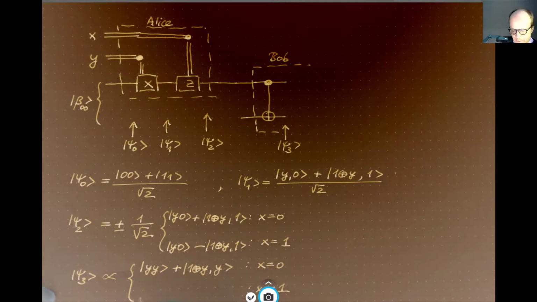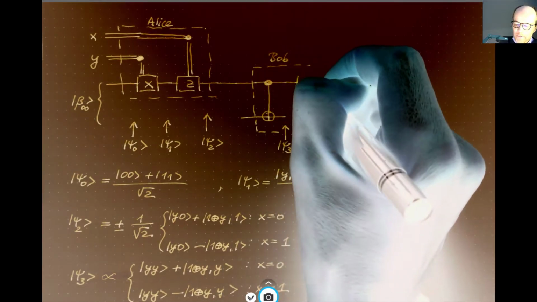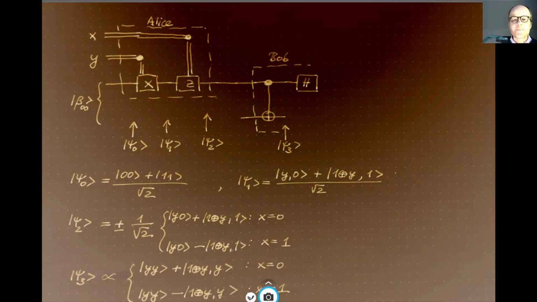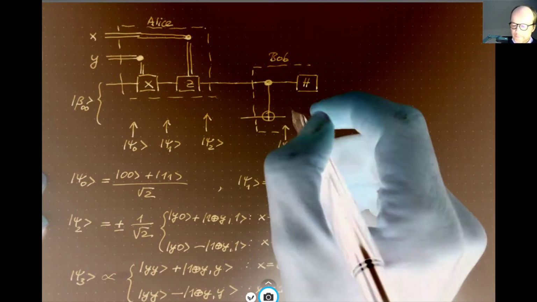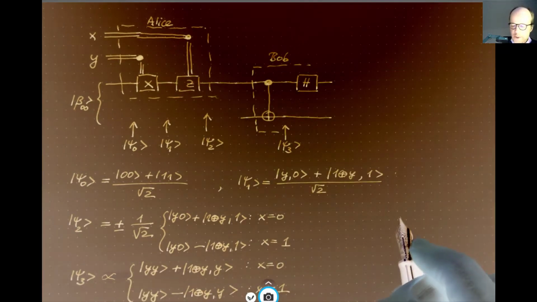So there we have yy minus 1 plus y. And then there's one final step: Bob applies to the first qubit a Hadamard gate, and the second qubit remains unchanged.